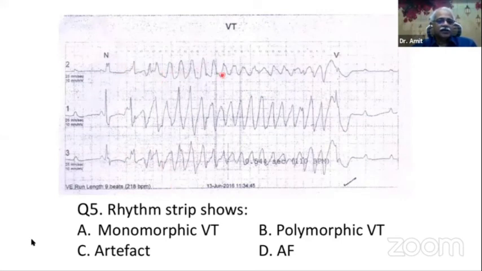The question again to you on this event strip is that this rhythm is showing you, 1, a monomorphic ventricular tachycardia. 2, it is a polymorphic ventricular tachycardia. 3, it looks like an artifact. That doesn't seem to be a classic QRS, but it's an artifact, ECG artifact or a cable artifact. Or 4th, it is atrial fibrillation.